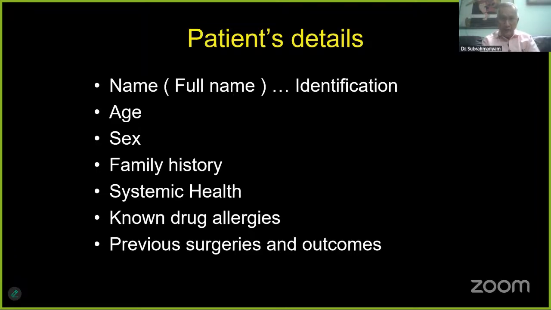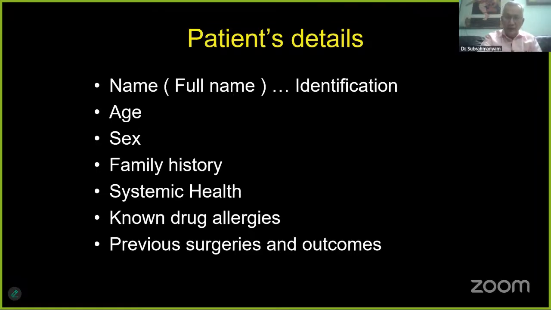Then age, the gender, family history, systemic health, how it is, and also any known drug allergies, which you must record for every patient, and previous surgeries and outcomes, and whether there was any problem with general anesthesia previously, because more often than not, orbitotomies, orbital surgeries, we perform usually under general anesthesia.